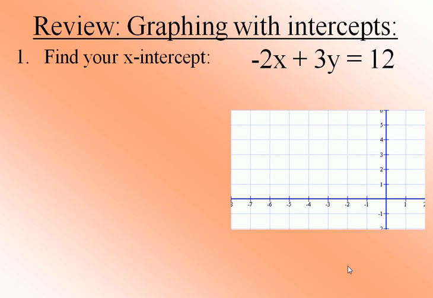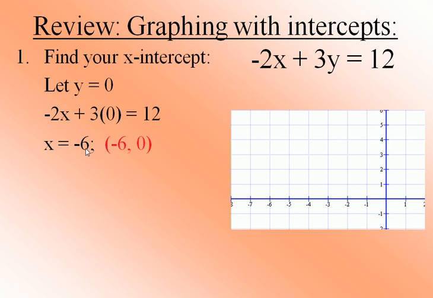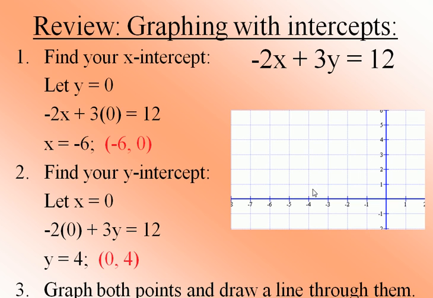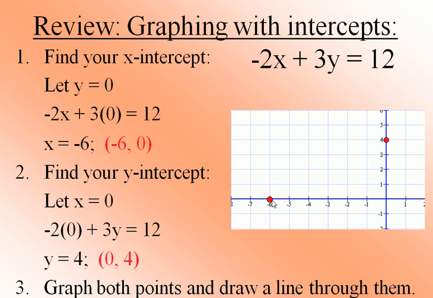So if we look at this, to find our x-intercept, we plug in 0 for y. And when we plug in 0 for y, we find that x is negative 6. So we'll plot the point at negative 6. To find your y-intercept, you plug in 0 for your x, and then we get that y is 4. So when we plot both of those intercepts, the x at negative 6, the y at positive 4, then we can just draw in the line.